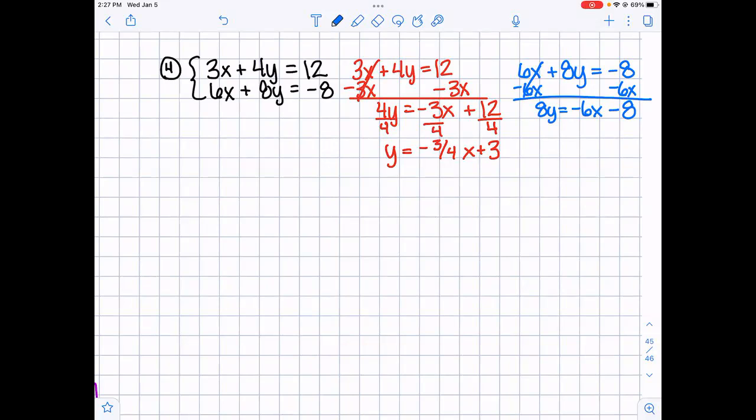Okay, we're at this point. What's next? Divide everything by 8. So y equals negative 6/8, which reduces to negative 3/4 x, and negative 8 divided by 8 is just negative 1. Okay, so those are the two new lines that we're going to graph.